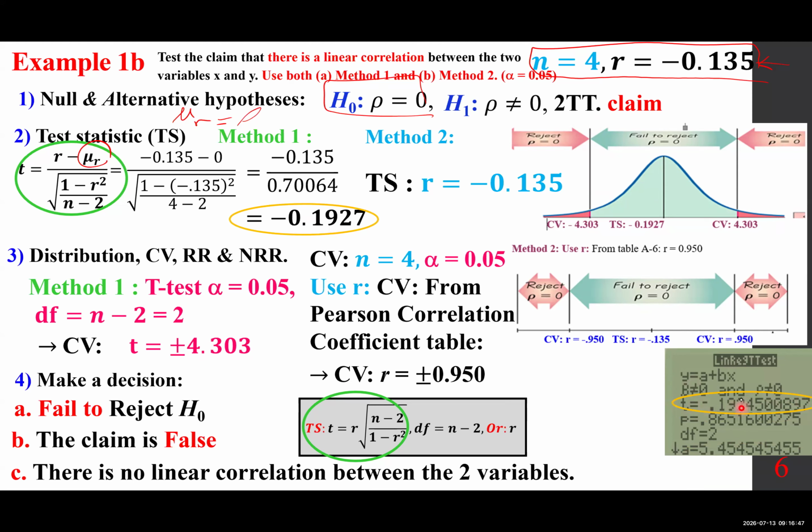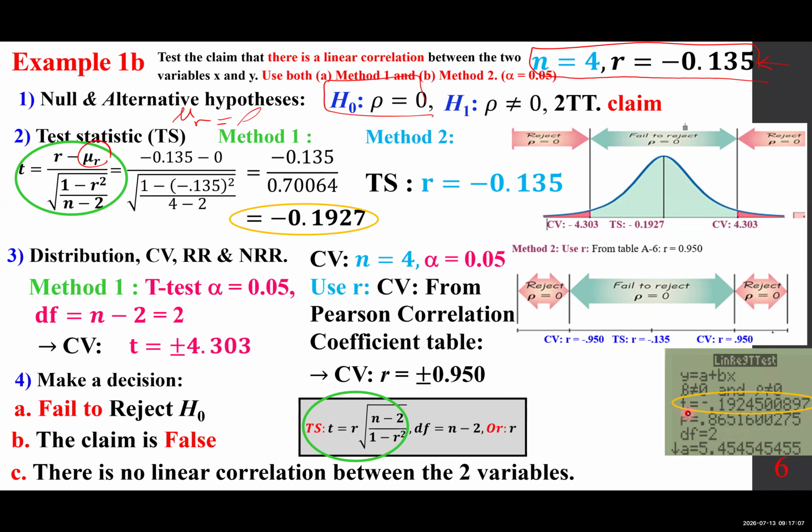Why is this different? Because for R, they have chosen to go with many, many, many more decimals. That's the reason. The other thing is that degrees of freedom is 2, as you can see.